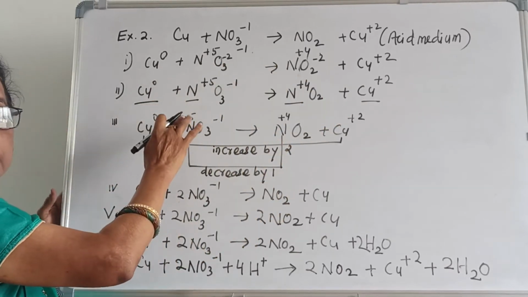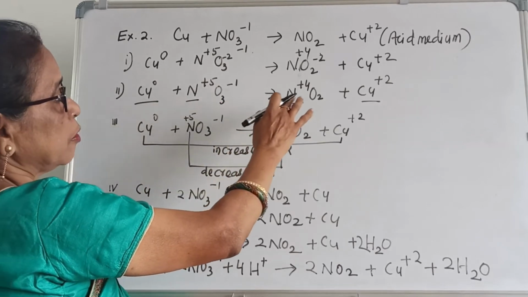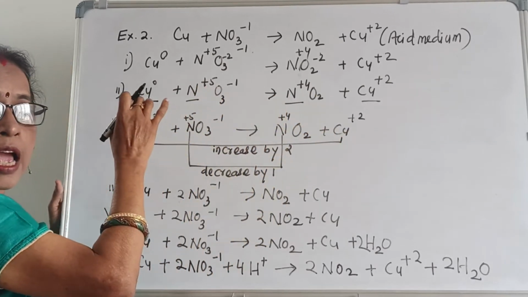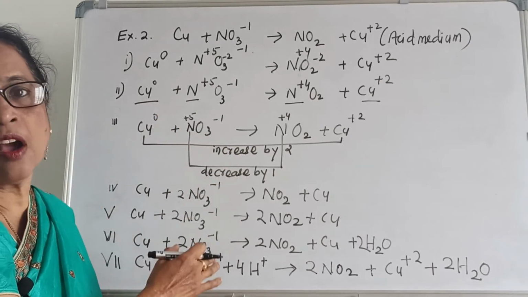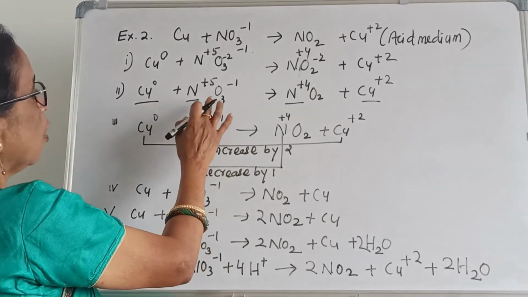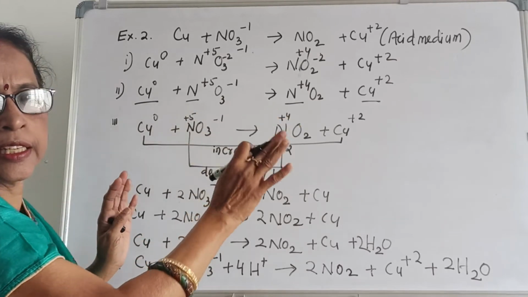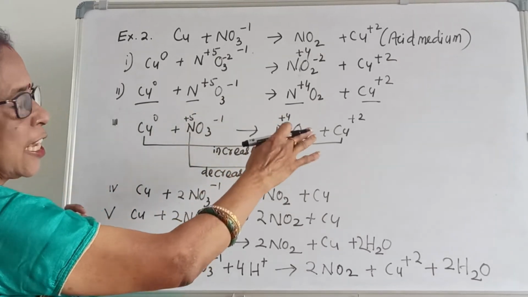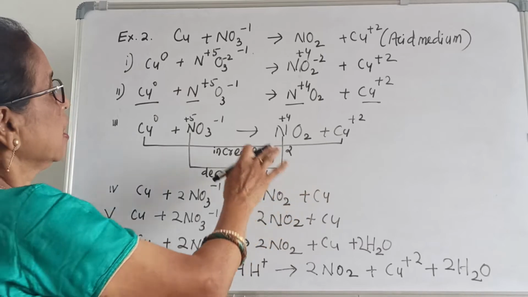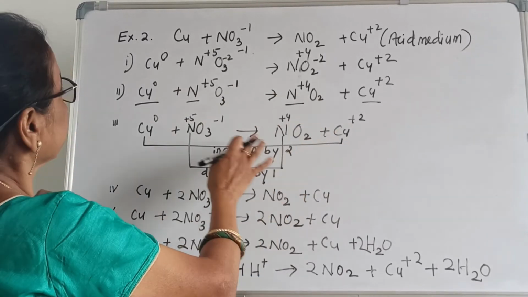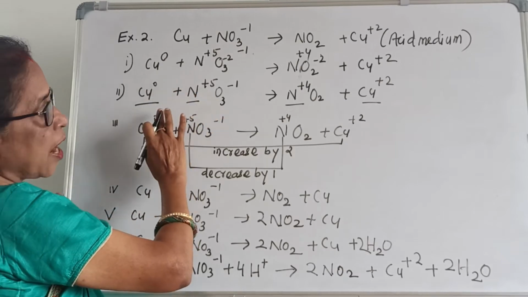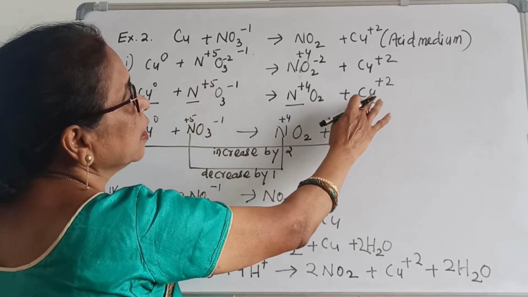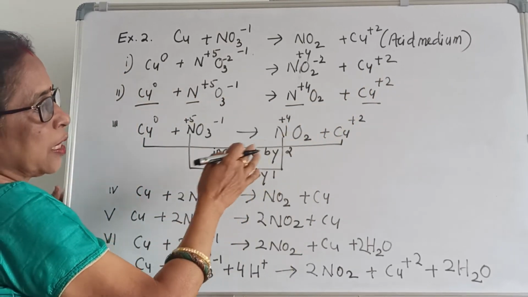In the second step we will see which element or atom undergoes change in oxidation number. Oxygen is there, but here oxygen never changes. In this case, no oxidation number change. It is always minus 2. Now you see here, this copper is 0 on the reactant side, and here copper is plus 2 on the product side.